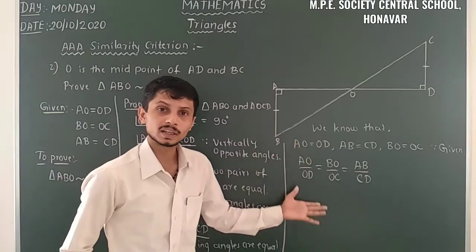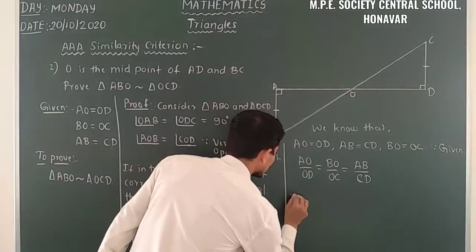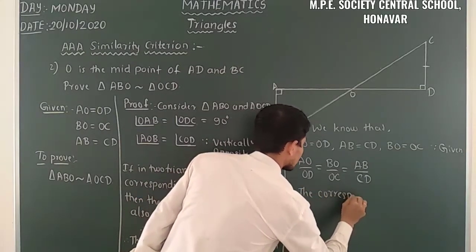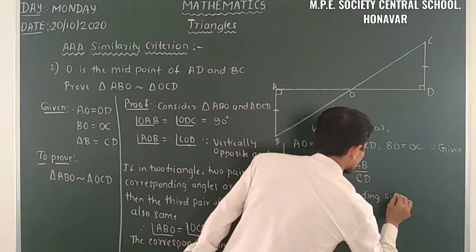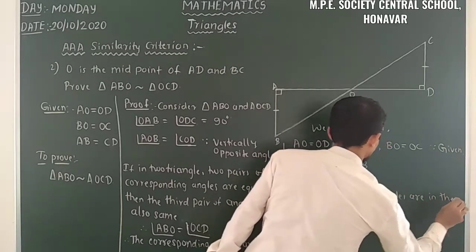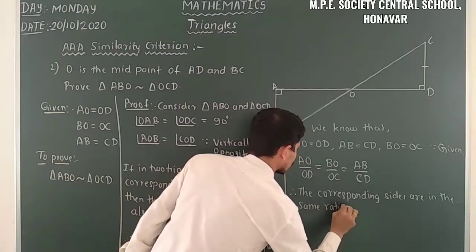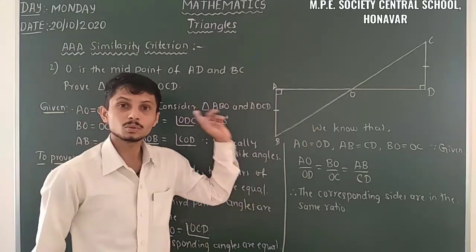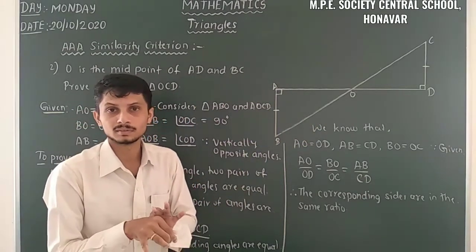That's why the corresponding sides are in the same ratio. So that means here the two triangles are congruent as well as similar.